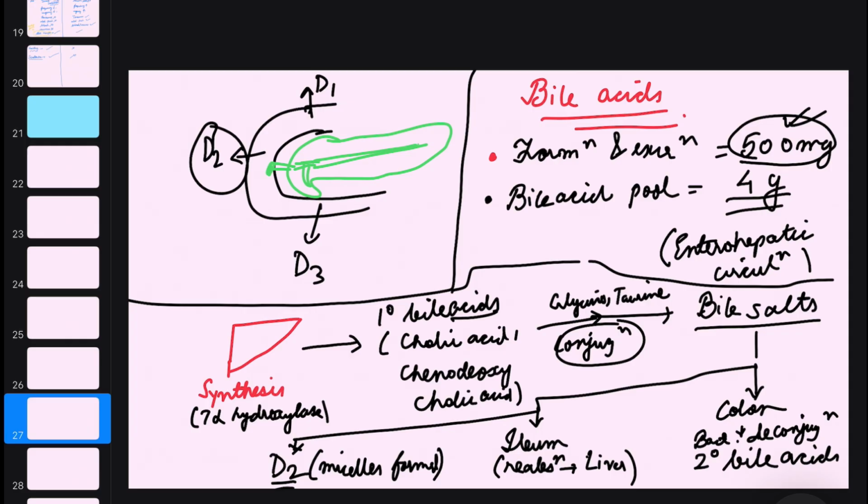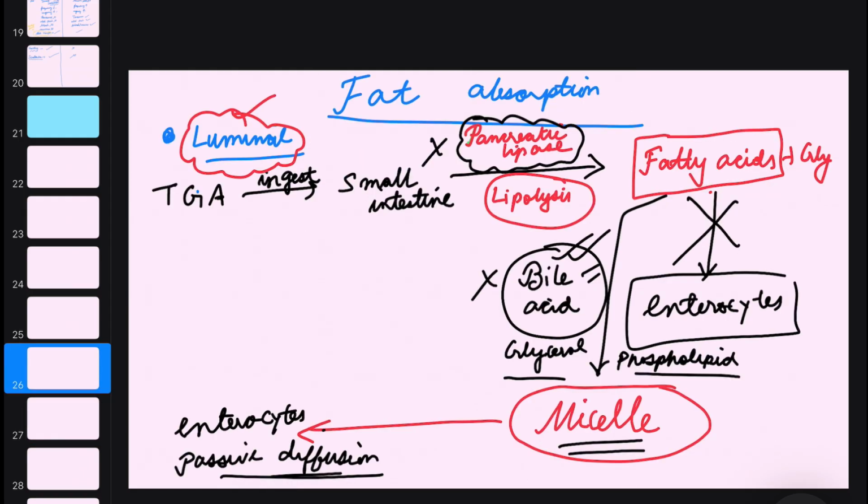Why are we studying all this? How is this pertinent to our discussion? It is very pertinent, because of this slide. We were talking about the luminal phase of fat absorption, remember? In the luminal phase, triglycerides were broken down in the proximal small intestine by our kingmaker, pancreatic lipase. Lipolysis occurred and fatty acids and glycerols were liberated.